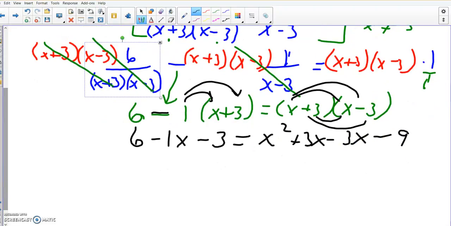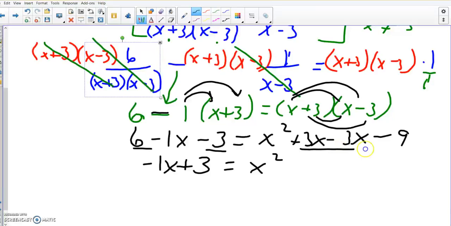Let's simplify each side. We'd have negative 1x. These would combine to be plus 3 equals x squared. These would cross out to be 0x, so it would just be x squared minus 9. Now, because I see an x squared in the problem, I'm thinking factoring, which means we need to have one side equaling 0. So I'm going to move the negative 1x to the right and the 3 to the right. So I'm going to add the 1x and subtract 3.